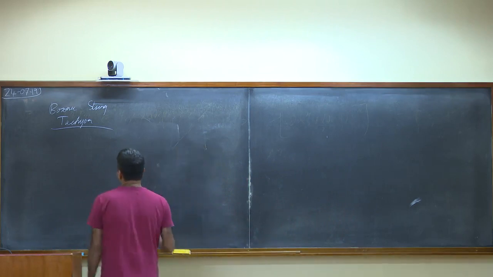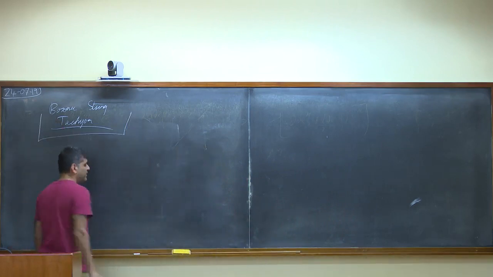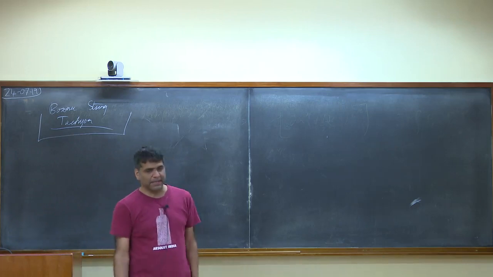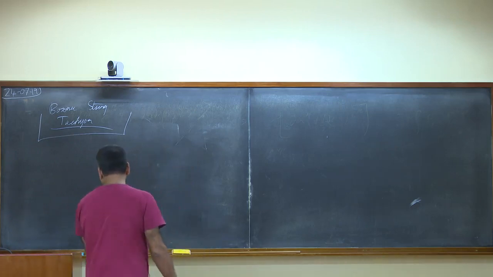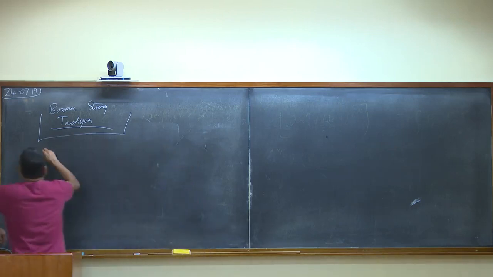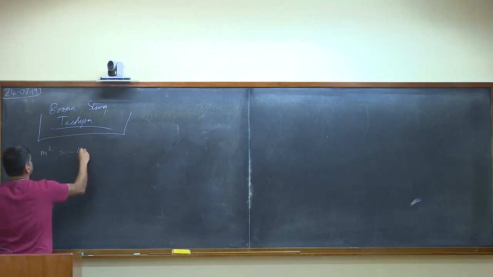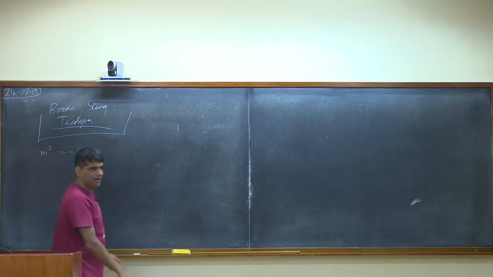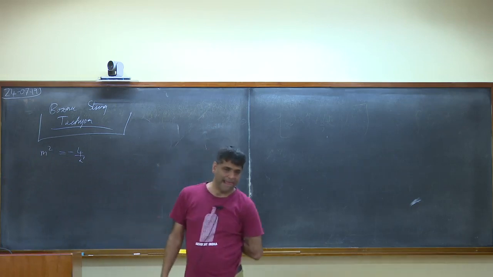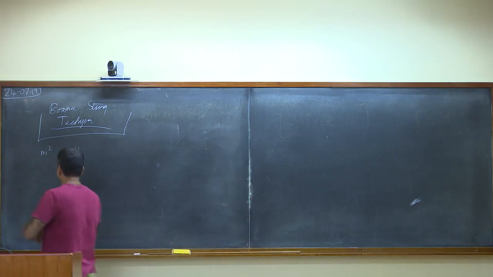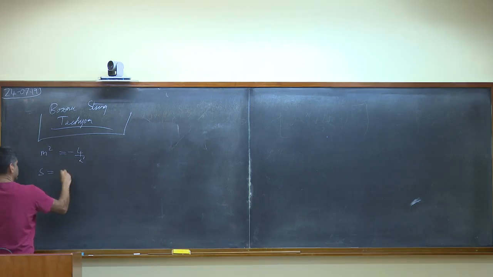Okay. So before we start the calculation itself, let's do some simple kinematics. Let us remember that the mass squared for the tachyon was -4 divided by alpha prime. Now we define these variables. I can't remember if we did it last time.